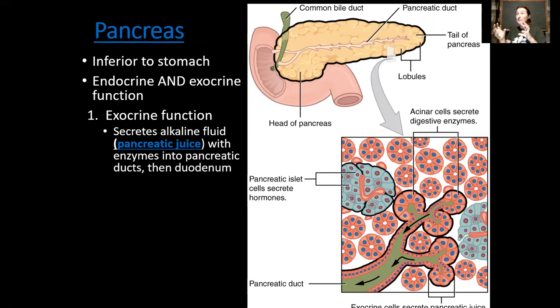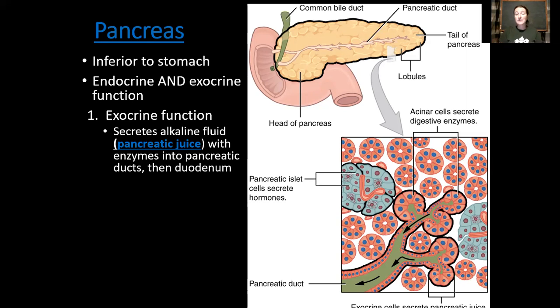When that really acidic fluid gets into your intestines, it can burn the lining of your intestines. And so we add this alkaline-rich buffer juice to that chyme, to that food, to immediately bring the pH up to like 8.